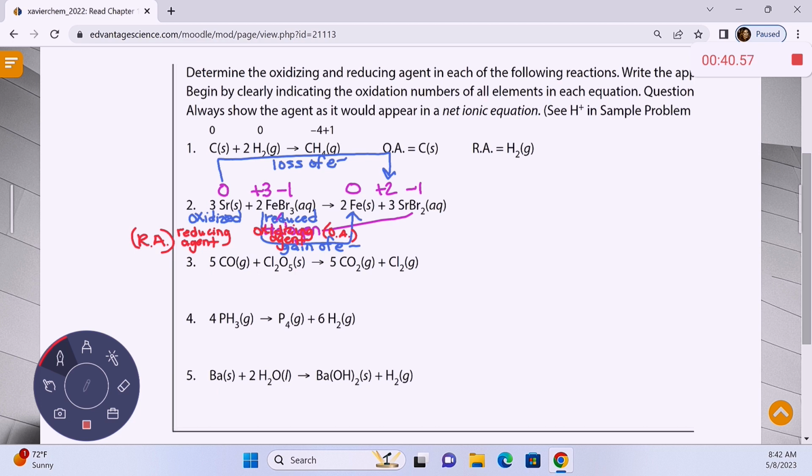So it goes to 0. Phosphorus is a nonmetal. So assign hydrogen its usual charge.